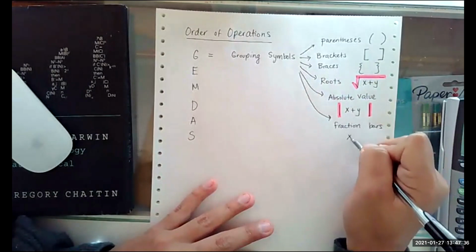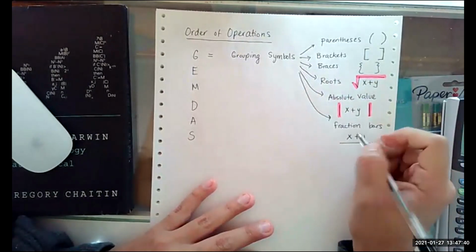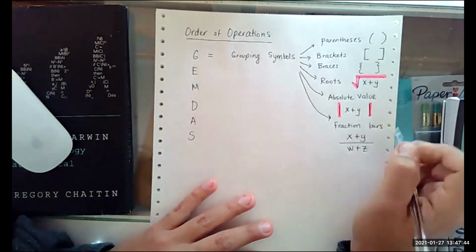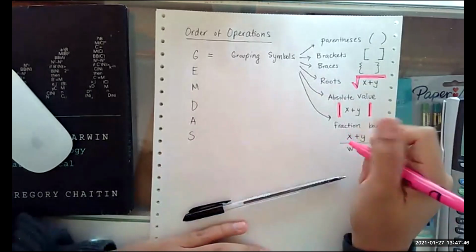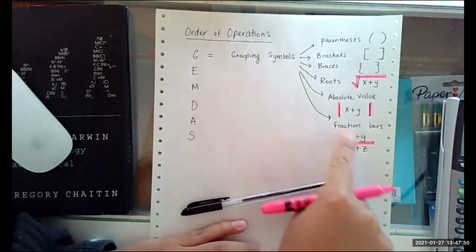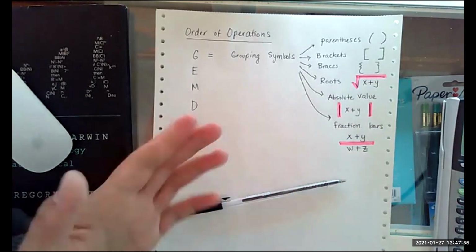So if I have x plus y on top of a fraction bar, and I have, let's call this w plus z on the bottom, then I can do the operations on top of the fraction bar independent of the stuff on the bottom of the fraction bar, and it won't change the result.